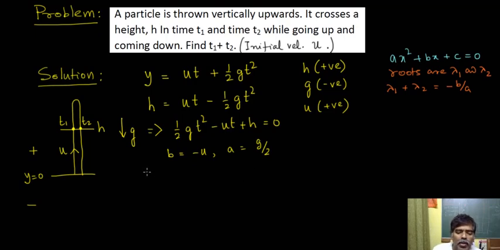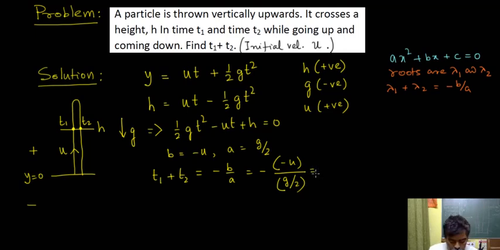So what is t1 plus t2? t1 plus t2 is minus b by a, so minus, then minus u by g over 2, that is 2u by g. The interesting part is that this is independent of h.